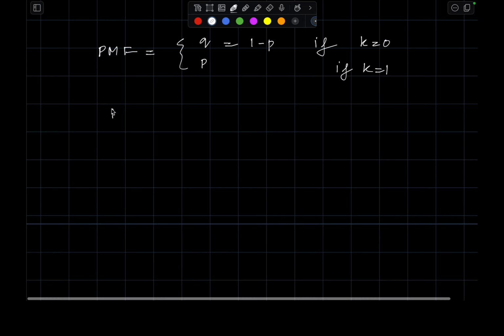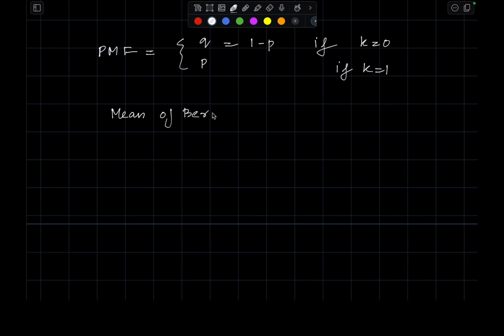And if we are looking into the mean of the Bernoulli distribution, we can also do the calculation, but it's a very direct calculation. I don't think we have to do that, but yeah, we can.